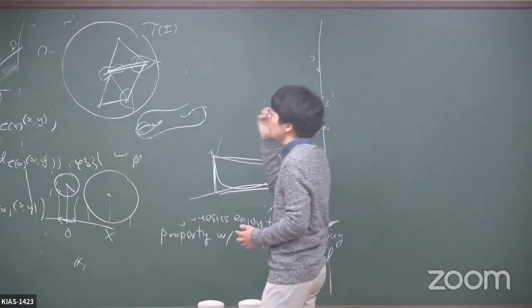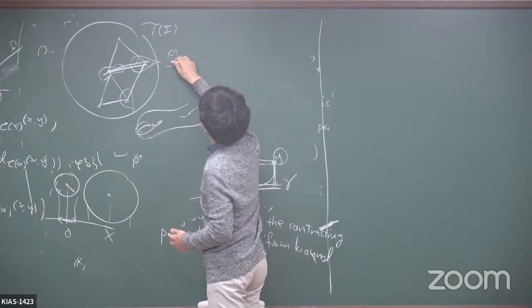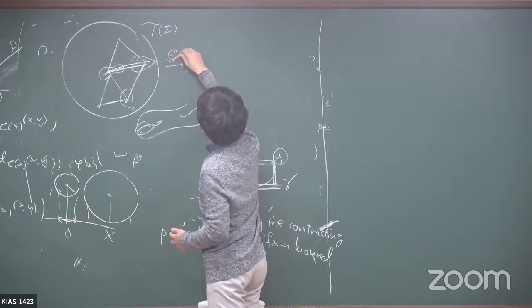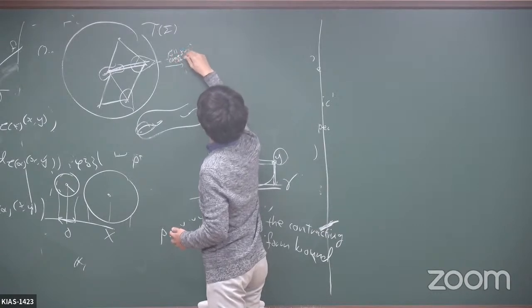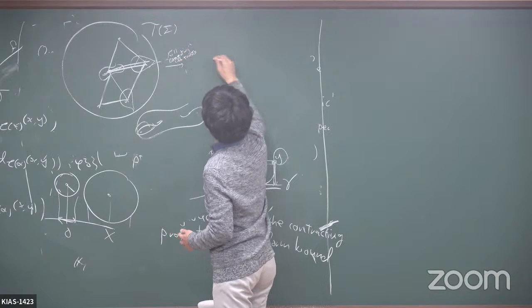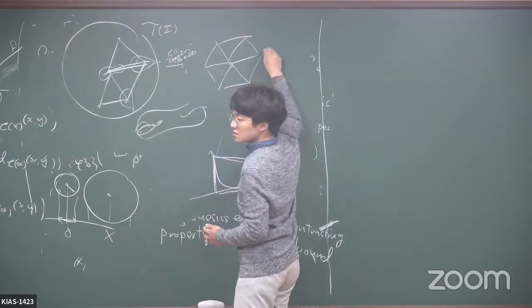So here you kill thin parts or commuting Dehn twists, then it will become another graph called the curve graph.